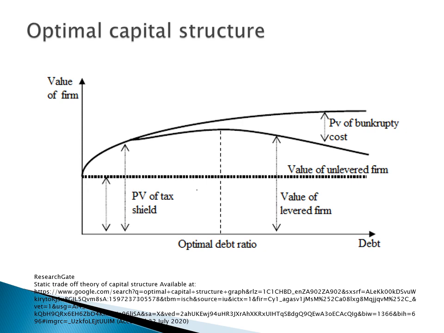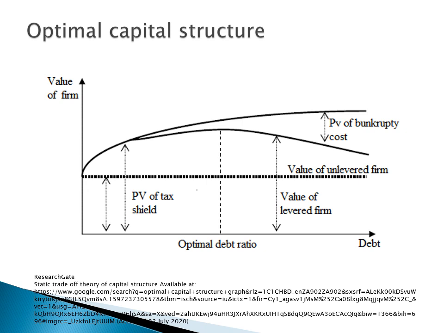The second assumption that was relaxed was the assumption of no bankruptcy costs, and the risk of bankruptcy costs will rise as the company's leverage increases. On the right hand side you'll see there's a present value of bankruptcy costs, and that is a deduction from the value of the company.